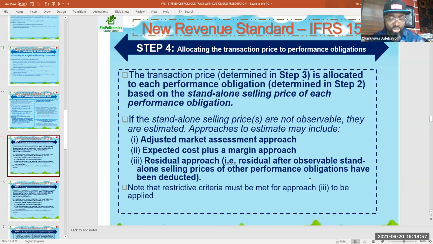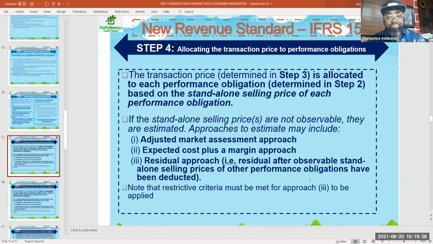Now, prior to this standard, there was no clear guidance. And what happened is that such phone, once it's given, it's not recognized. Revenue is not recognized on the phone. Rather, revenue is recognized by way of that $50 every month, provided your contract of having access to the telephone service is still existing or is still valid.